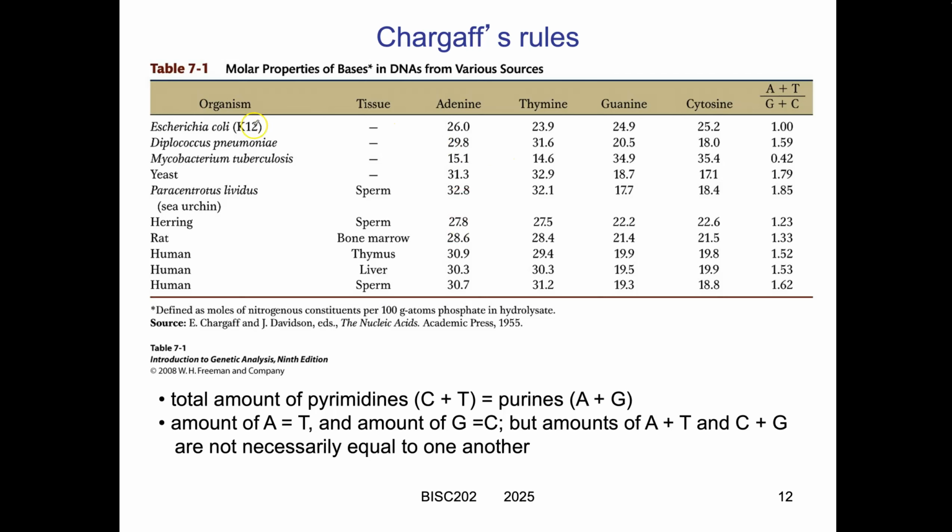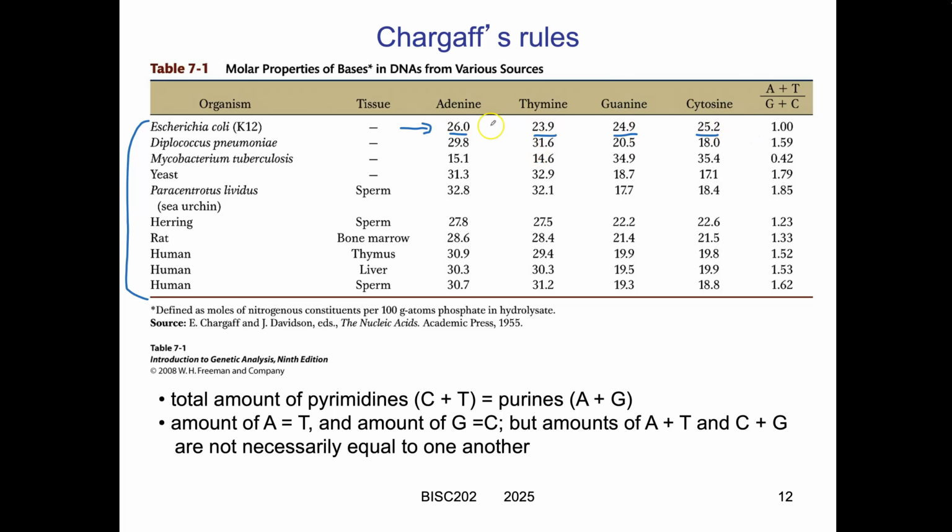And so in a number of organisms, this isn't everything, but this is the stuff that was reported at the time. They found, for example, when looking at one strain of E. coli, that you had almost the same amounts of adenine, thymine, guanine, and cytosine.